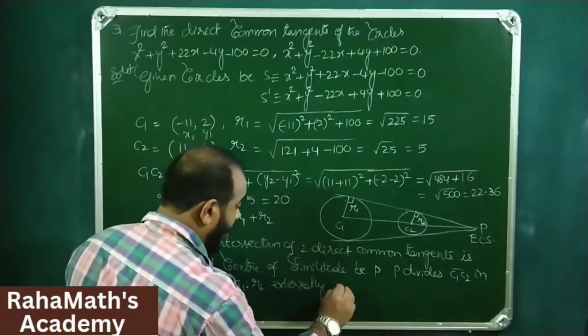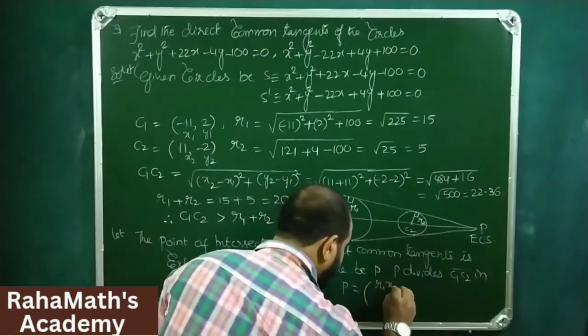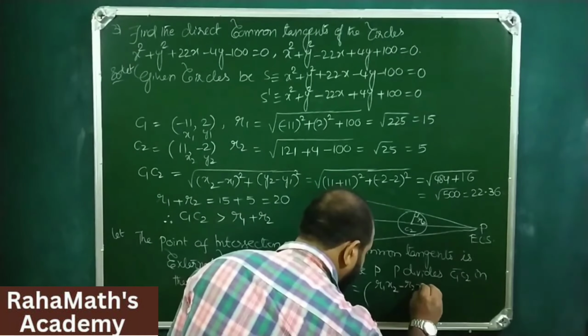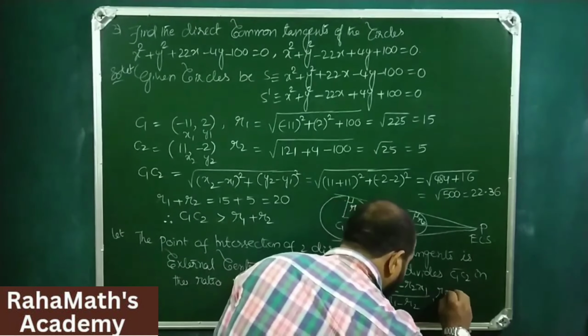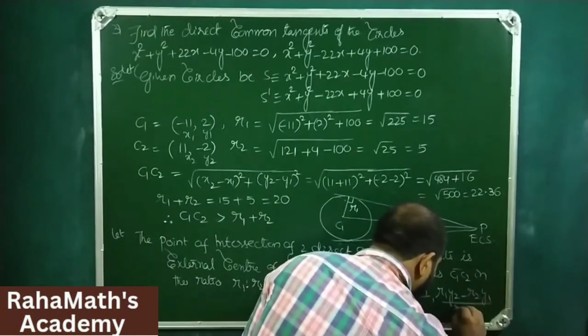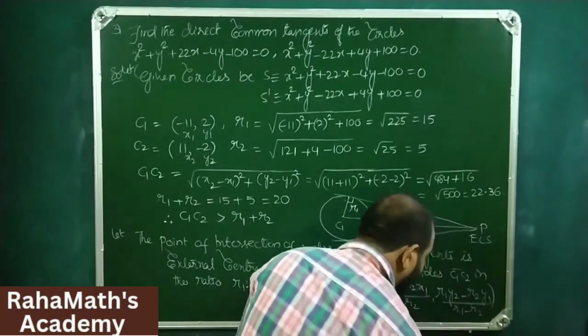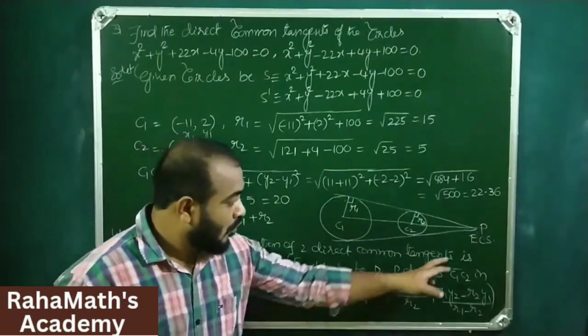So how do we get this P? P equals R1 x2 minus R2 x1 by R1 minus R2, comma R1 y2 minus R2 y1 by R1 minus R2. So this is how we will find the point of intersection of these two.